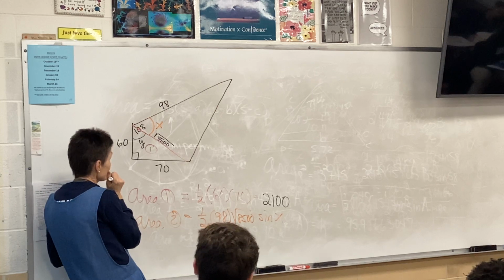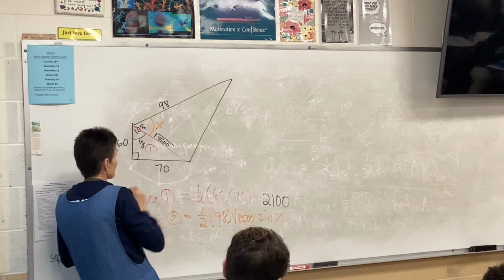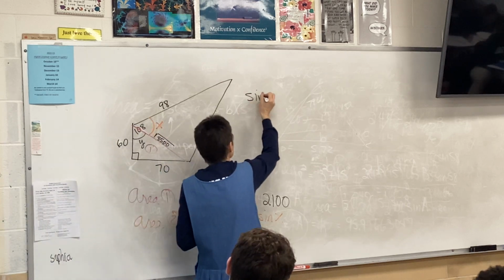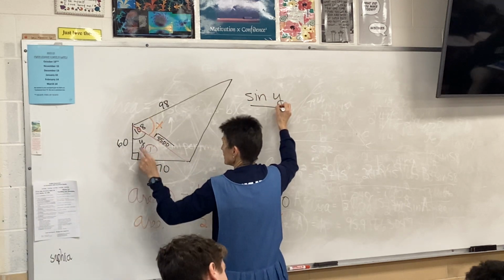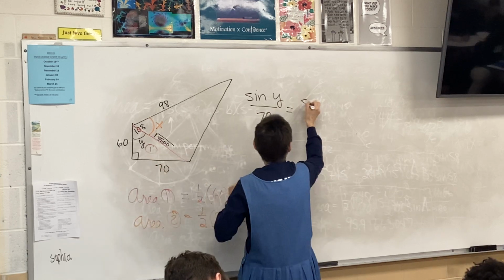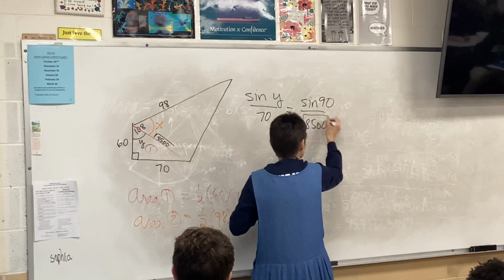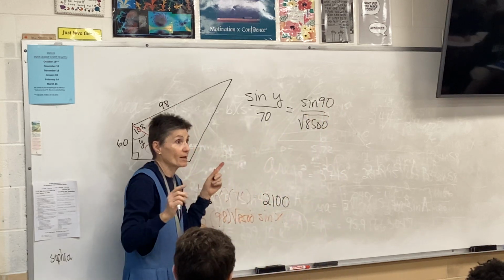So I'm hearing sine y over 70 equals sine 90 over the square root of 8,500? Is that an option? I thought I heard that from someone.